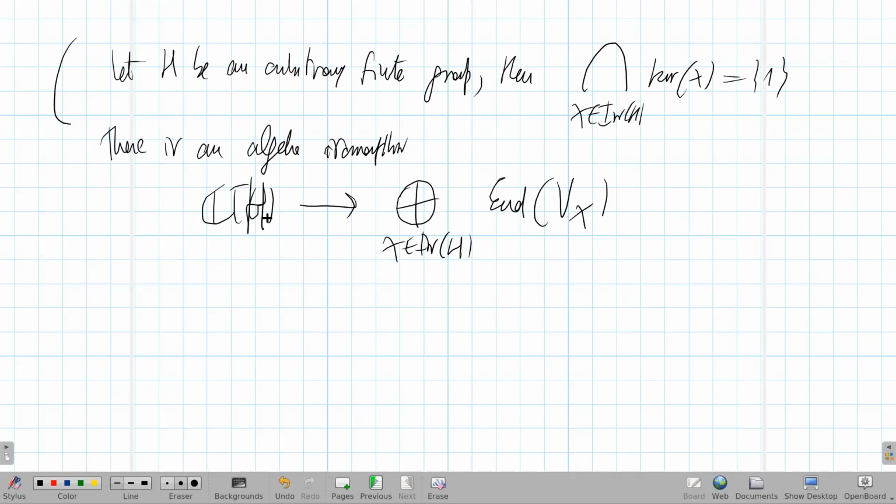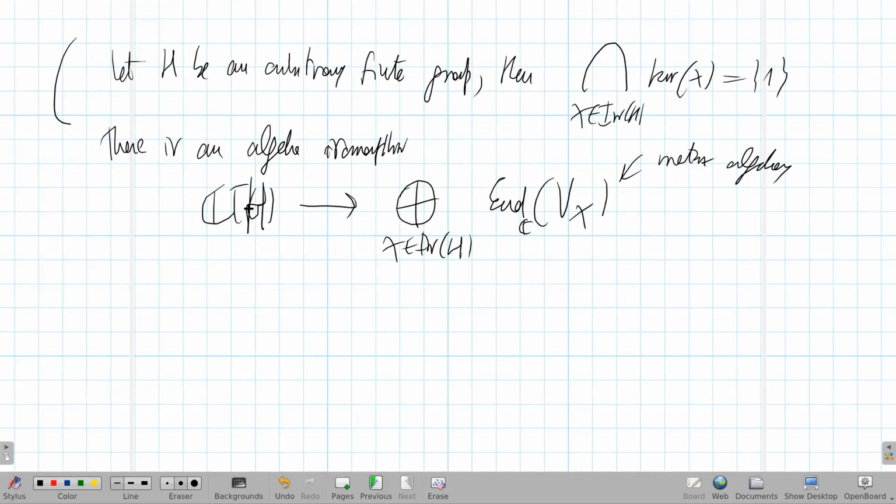So the group algebra is isomorphic to the sum of matrix rings. These endomorphisms over C are matrix algebras. And how does this work?